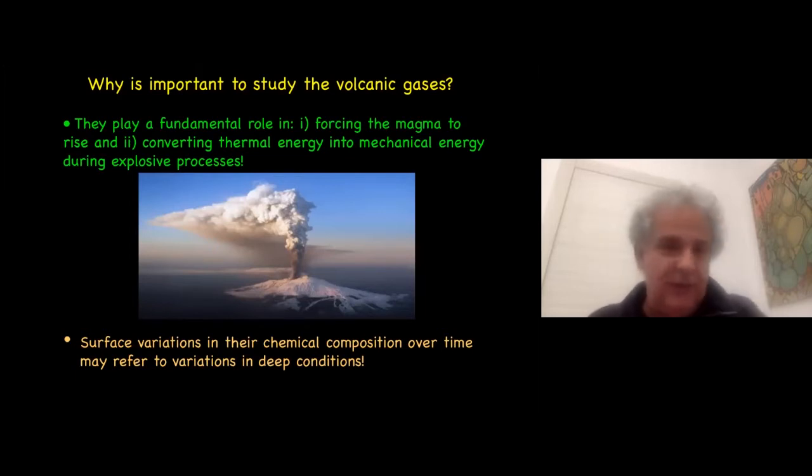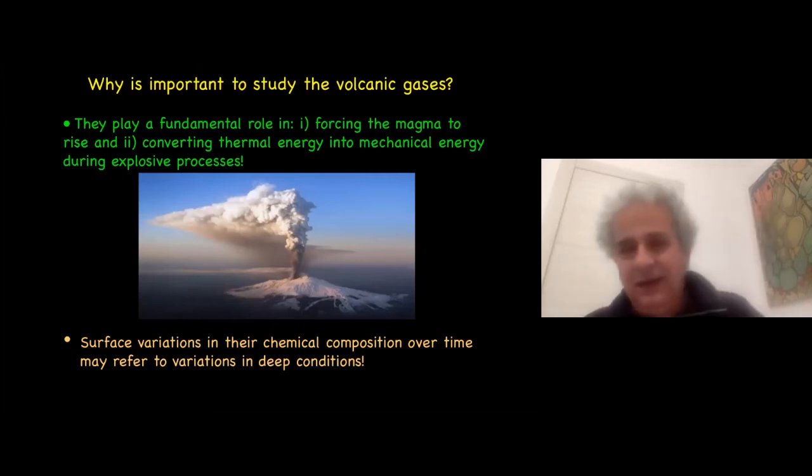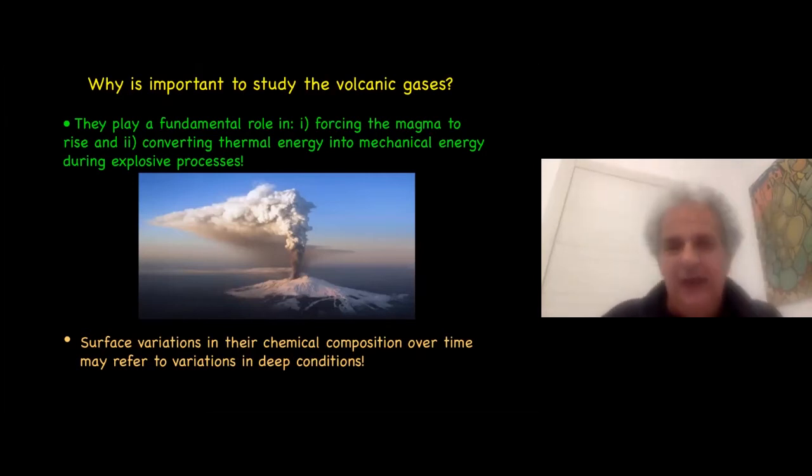Before we were talking about Etna. Etna is producing lava fountaining basically because the amount of gases is not that big. If we have an eruption at Vesuvius or at other subduction-related volcanoes, we may expect a much larger and much more dangerous eruption.